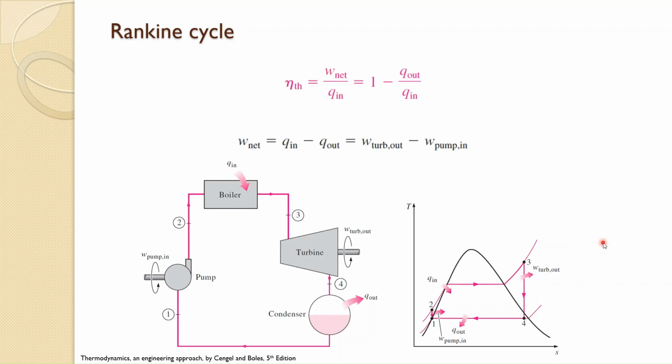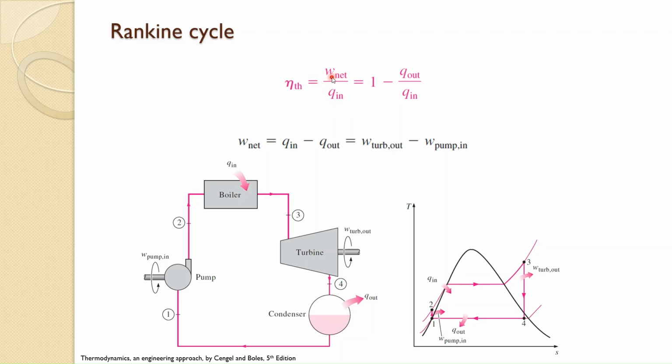In order to calculate the thermal efficiency of a simple ideal Rankine cycle, we can use the equation that is given here. Eta th stands for thermal efficiency. So eta is efficiency, th is thermal. The thermal efficiency is equal to the net work divided by Q in.